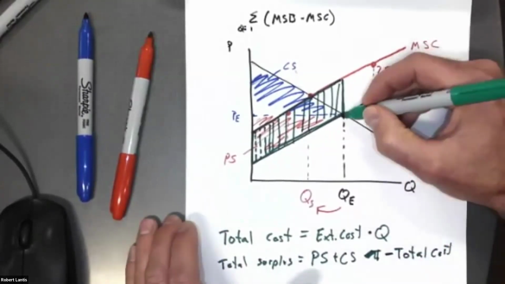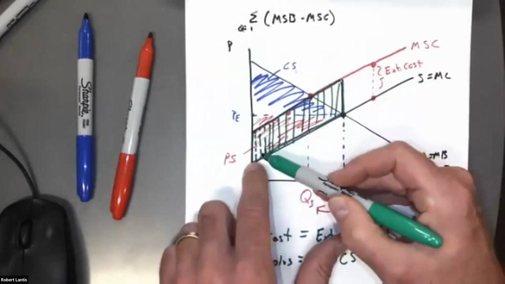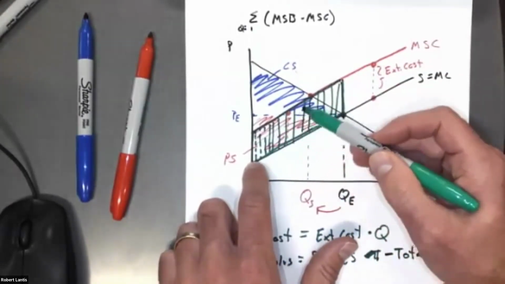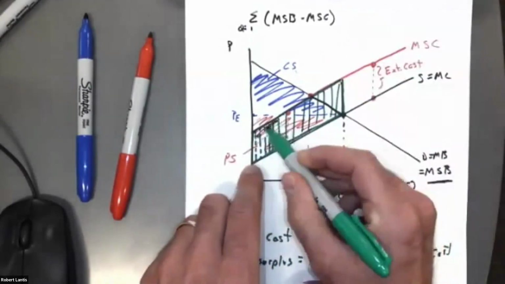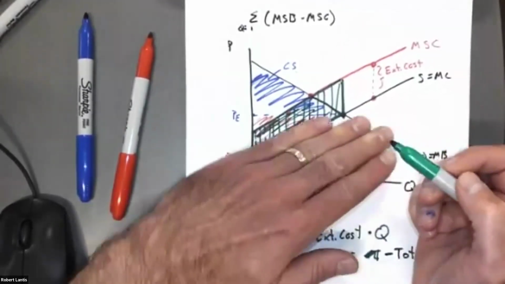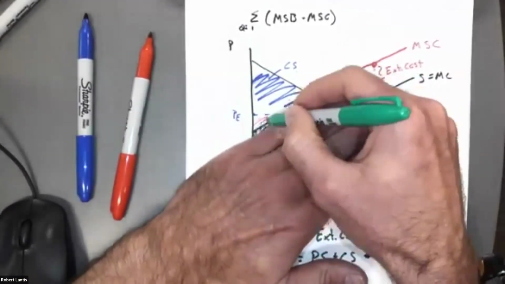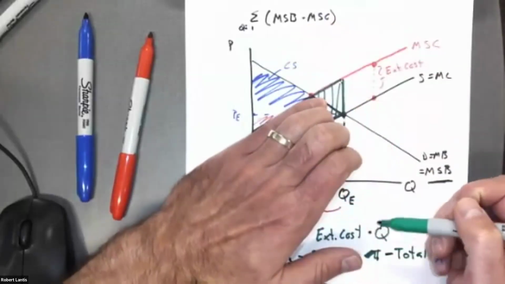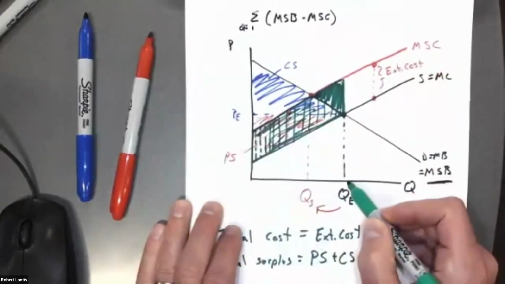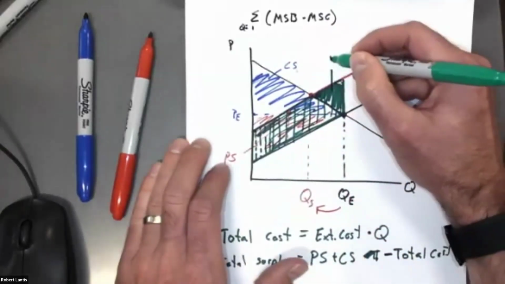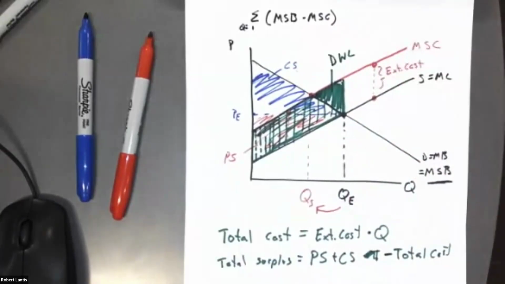You'll notice this additional cost to society cancels out the producer and consumer surplus in this range. So that's a wash. So we have this surplus, but now we have this additional cost over here because the market went to this higher quantity. This triangle is what we said was representing deadweight loss.